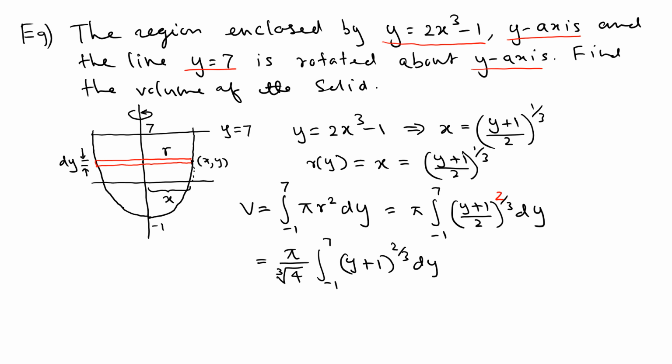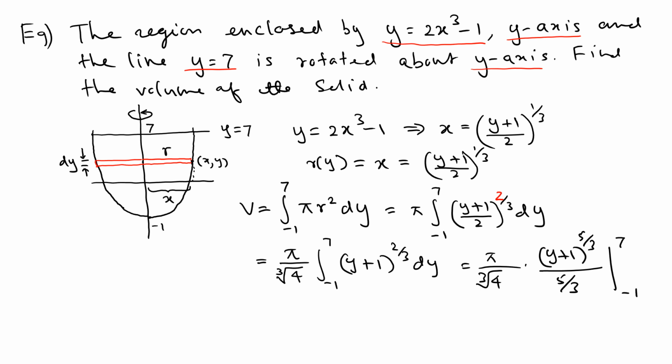That means this integral is simply going to be π divided by the cube root of 4. What's going to happen here? For y + 1, you add 1 to the power, so that means 5/3, divided by 5/3. If you substitute, you get the exact same thing. So you can use that as a trick. We discussed this in the formula trick.